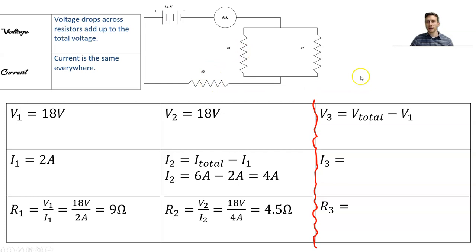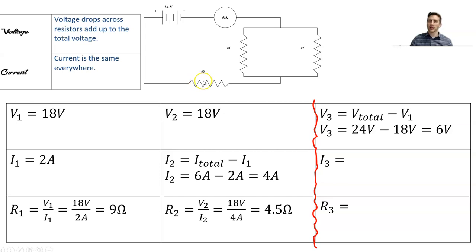Well, we can take the total and subtract either V1 or V2. Doesn't matter, just one of these. Okay, because another electron might have started 24 and gone this way and lost 18 and then went through there. Okay, so total voltage 24 volts and we subtract 18, and so it lost 6 volts here.